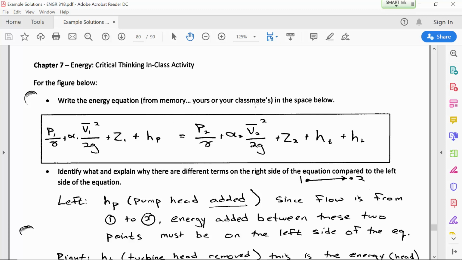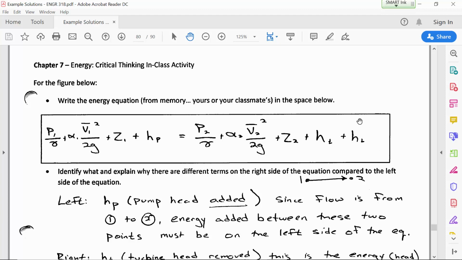In other words, as the water goes between 1 and 2, a pump would add energy. So how much energy there is downstream at location 2 is the amount that there was at 1 plus what was added by the pump, but then minus any losses that occur or any energy that's extracted by a turbine.